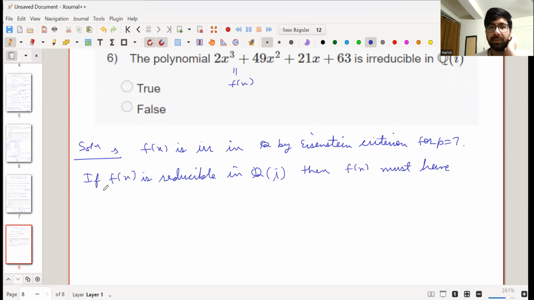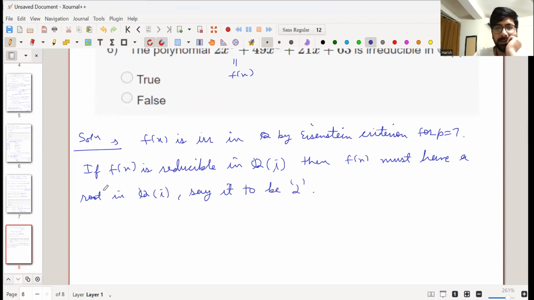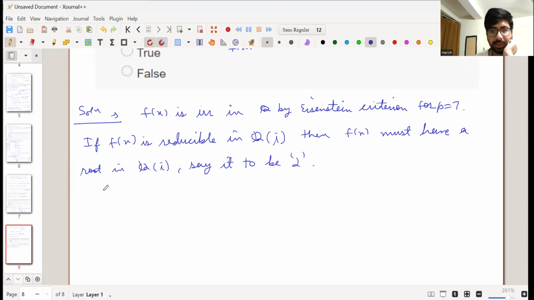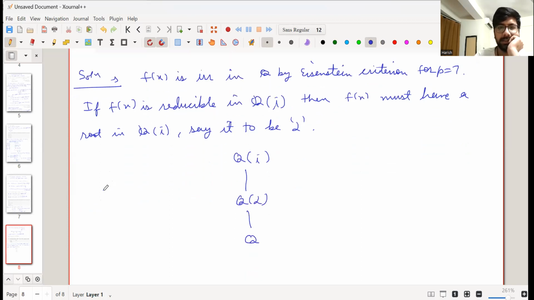So at least one of the factors should be linear, so it must have a root in Q(i), say alpha. Then you have this situation: Q(i) contains Q, and it also contains alpha, and then it contains Q, right?